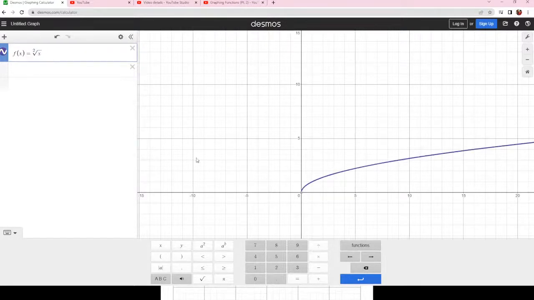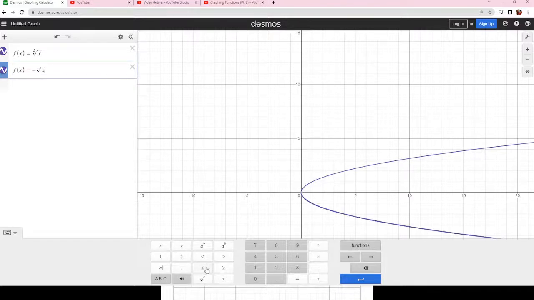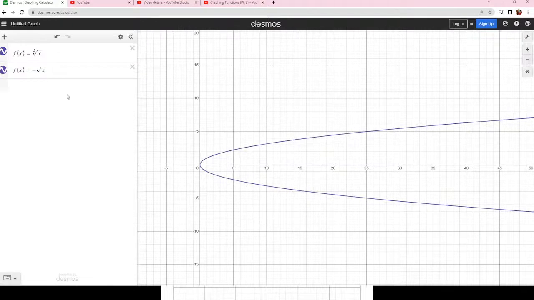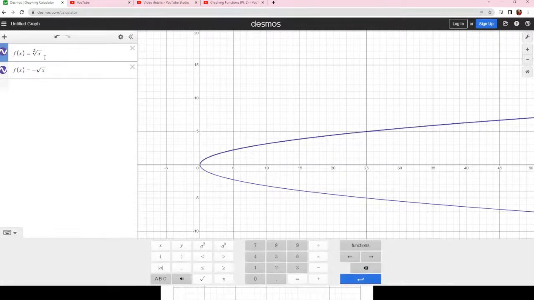If you give a negative version of the square root of x, you actually make a sideways parabola. Okay, here, let me take this out so it doesn't confuse you.